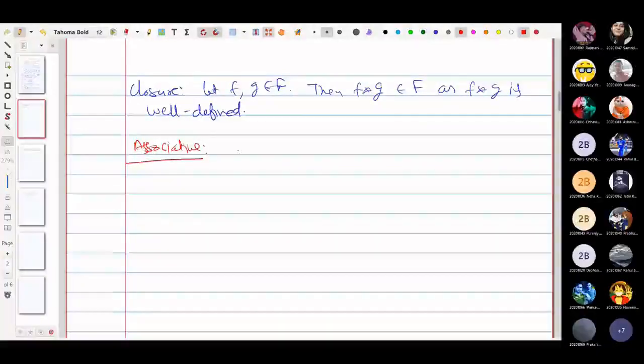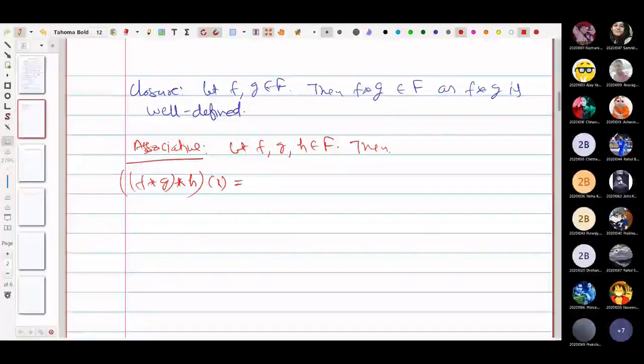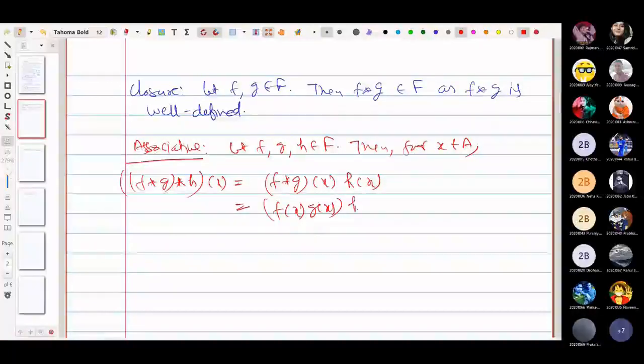Associative. So let f, g, h belong to capital F. Then ((f star g) star h)(x), for x belonging to A, equals (f star g)(x) times h(x) by definition. So we can write f(x) g(x) times h(x).